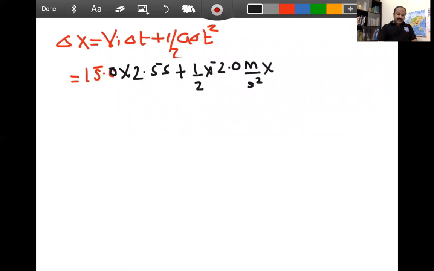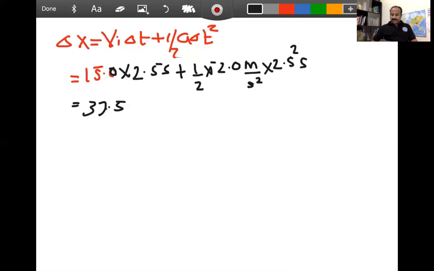What's the value of time? Just now we calculated 2.5. So this is going to be 15 times 2.5, which is 37.5. I'm not writing the unit, I'm just solving it. Plus half times minus 2 times 2.5 square.